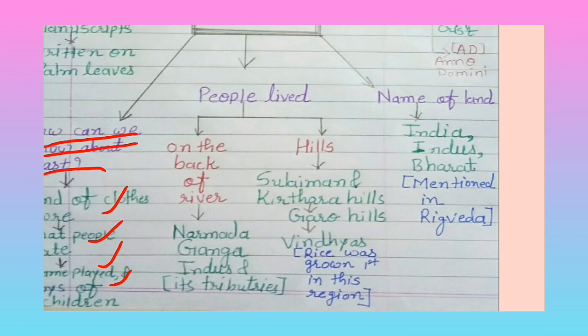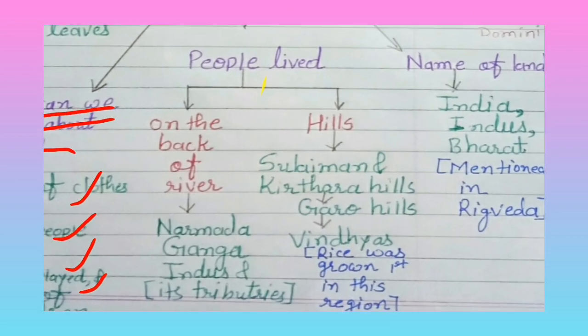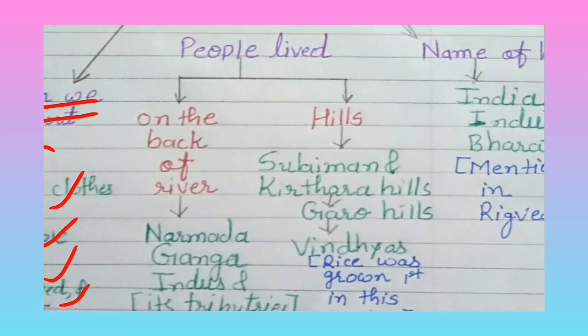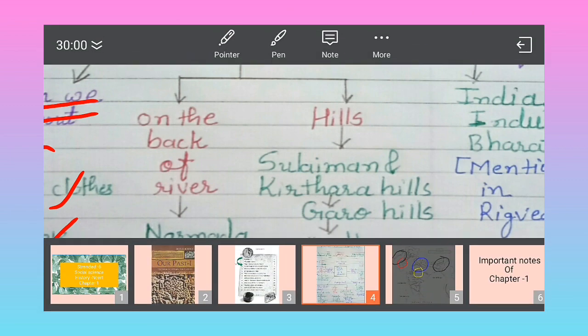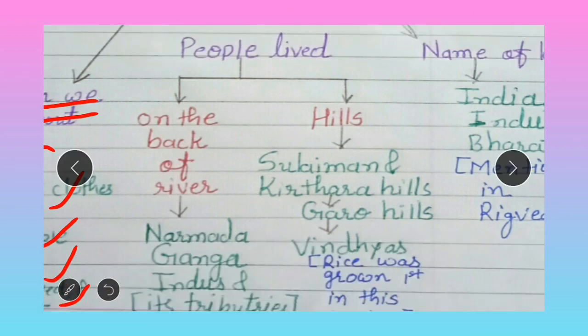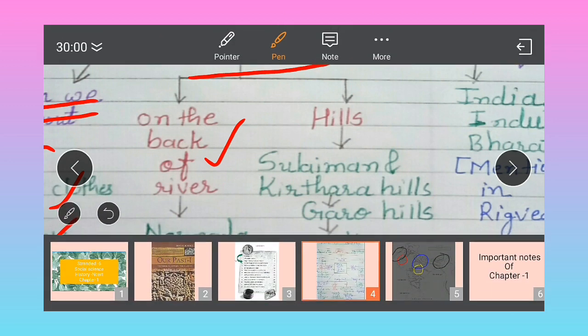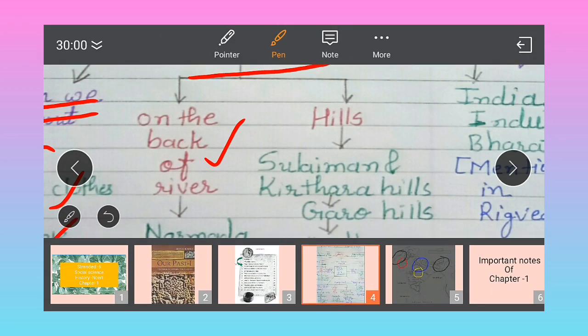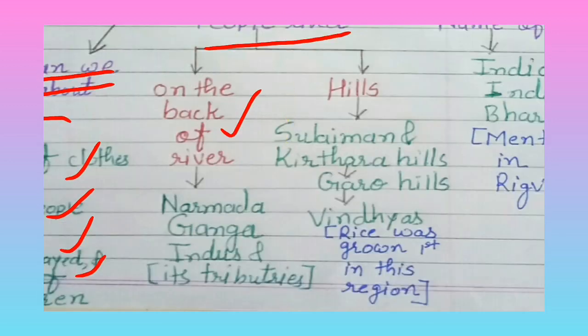Now, where did people live in that era, and in which areas did they start to establish their civilization? People lived on the banks of rivers. Which rivers did the people choose?